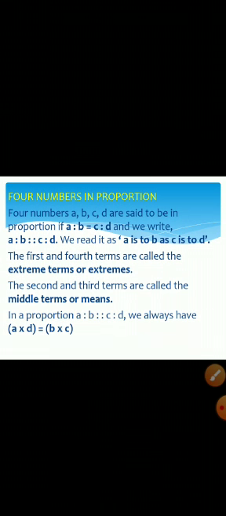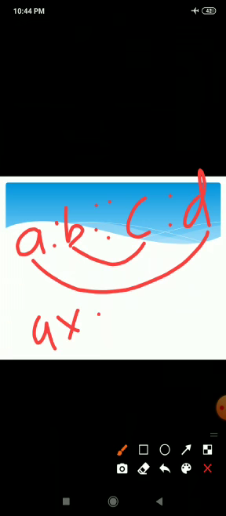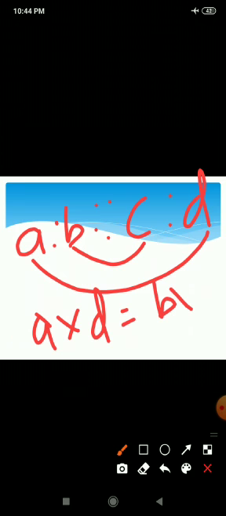Now, in proportion a is to b as c is to d, we always have a into d equals b into c, that is, the product of extremes is equal to the product of means. Here, suppose I have taken a is to b as c is to d. These two are extremes and these two are means. So a into d must be equal to b into c.